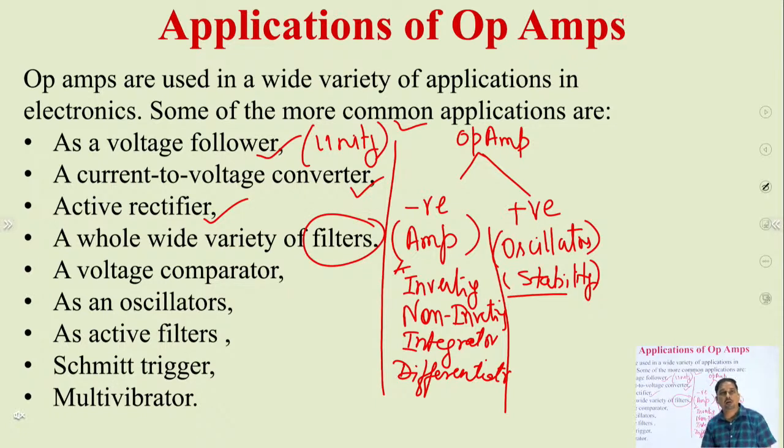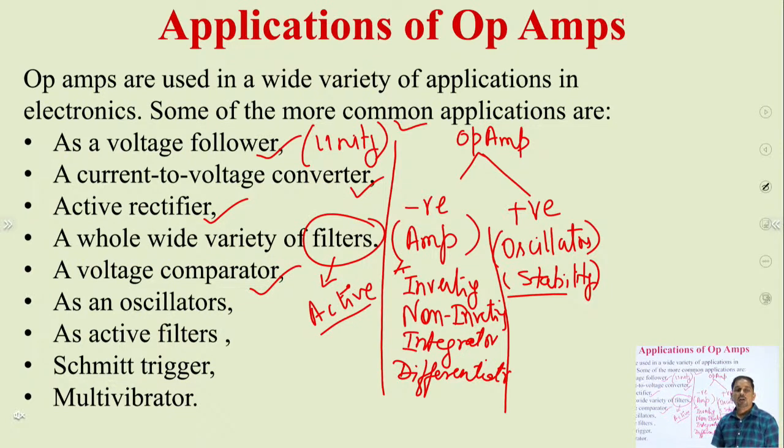We can make the low pass filter, high pass filter, band pass filter, band reject filters. Means a wide variety of filters which are also the active filters. If we use only resistors and capacitors, those circuits are the passive circuits.